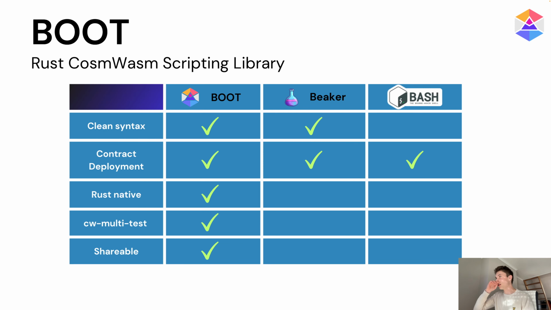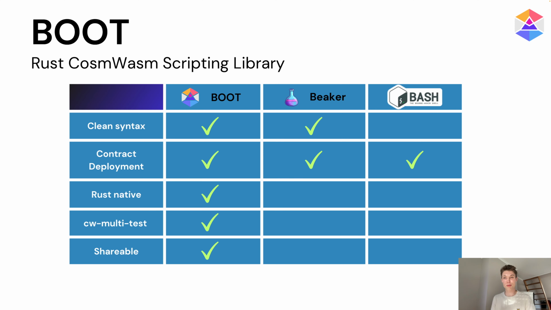So in comparison to other tools that one might use, Boot has really clean syntax, just like Beaker, which is a tool provided by Osmosis Labs. Bash syntax, I wouldn't really call that clean. Contract deployments can be done with all three of them.